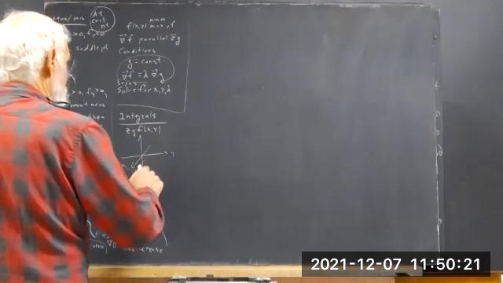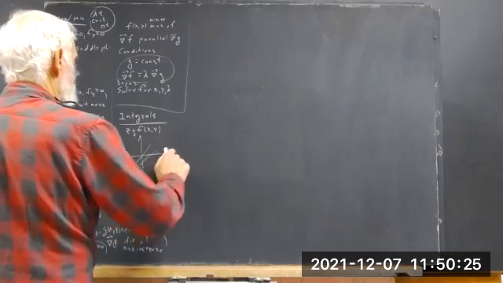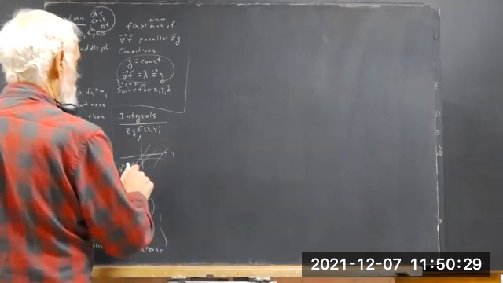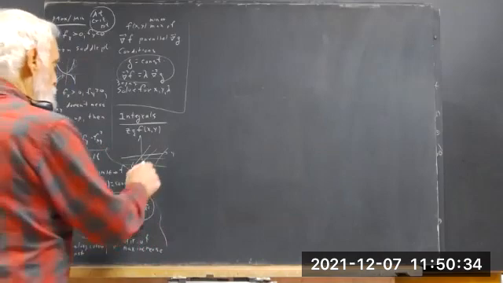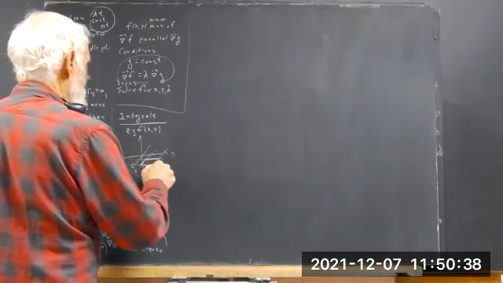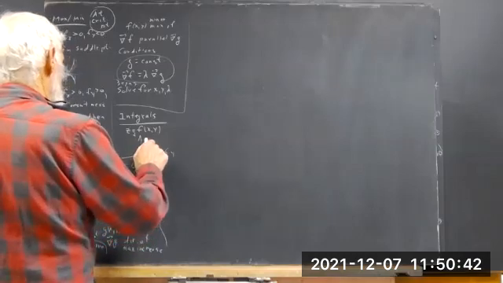Let's just make it a rectangular region for right now. So you have y equal to some constant here, y equal to some constant here, x equal to a constant here, x equal to a constant here. Then above this rectangle in the xy plane, you have some surface.